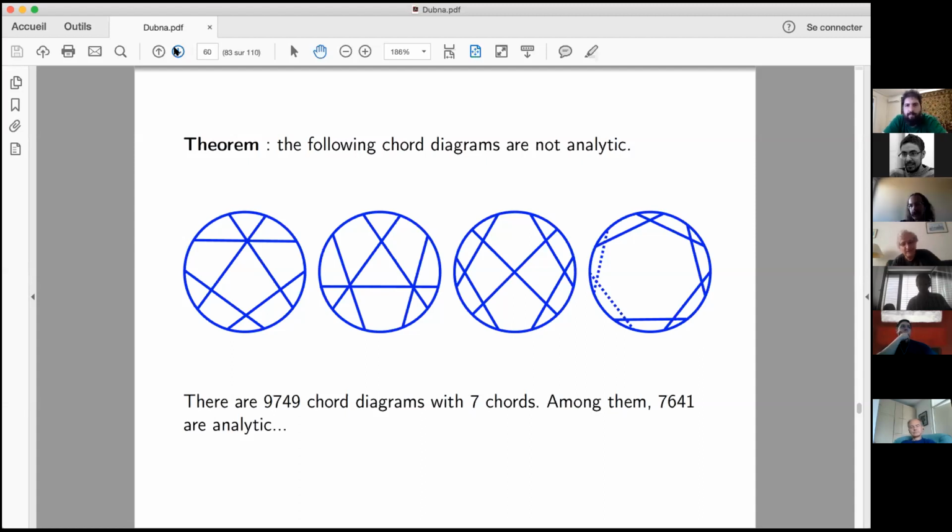If you gave me a chord diagram with 15 chords, I could put it on my computer and I could get the answer immediately, whether the answer is yes or no. But I did not have a complete description of those diagrams which come from analytic algebraic curves. So I was half satisfied.